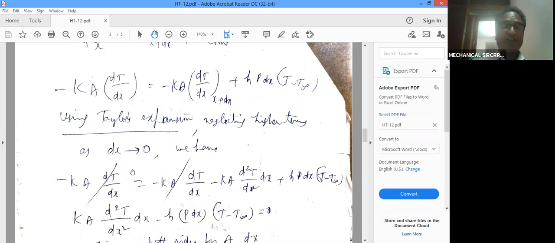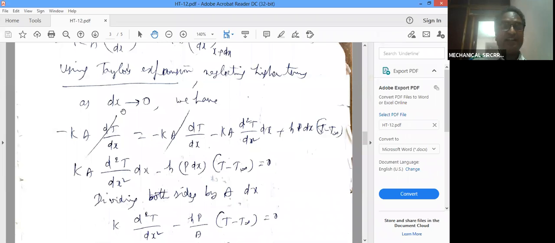So Qx plus dx, up to the second term, neglecting higher terms, we can take: first Qx plus d by dx of Qx dx, and if you substitute the Qx value in that and simplify, finally you get like this. Qx plus dx is equal to minus Ka dT by dx minus Ka d square T by dx square into dx, plus this one, the convective transfer Hp dx into T minus T free stream.